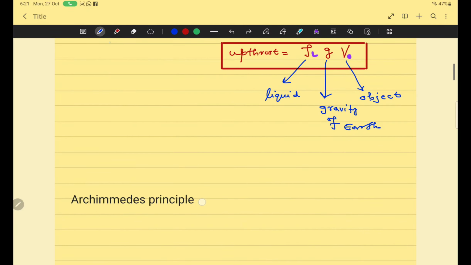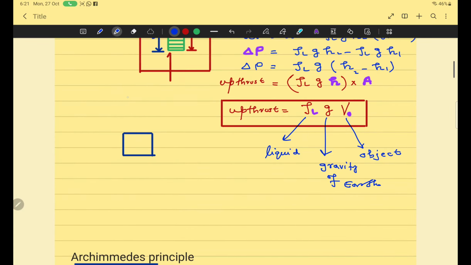Now I am going to explain a famous law called Archimedes' principle. What is Archimedes' principle? Consider this is a block and I am measuring the weight of this block using a spring balance.